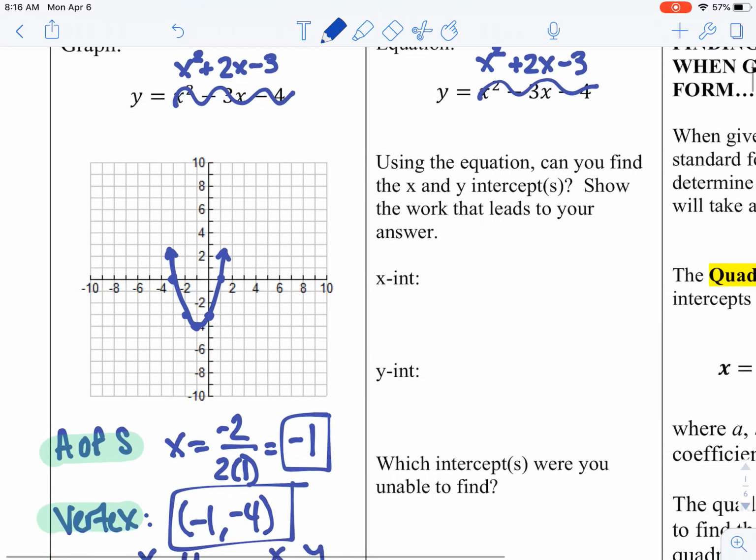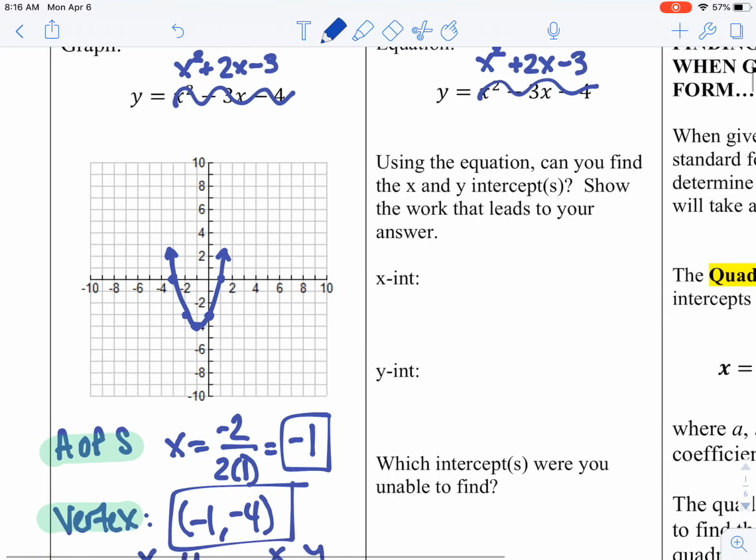We have x equals negative b plus or minus the square root of b squared minus 4ac all over 2a. So if we identify what a, b, and c are from our equation, that will help us. Now we're going to substitute in the information we know. So we have negative 2 plus or minus the square root of b squared minus 4 times a times c, all over 2 times a.